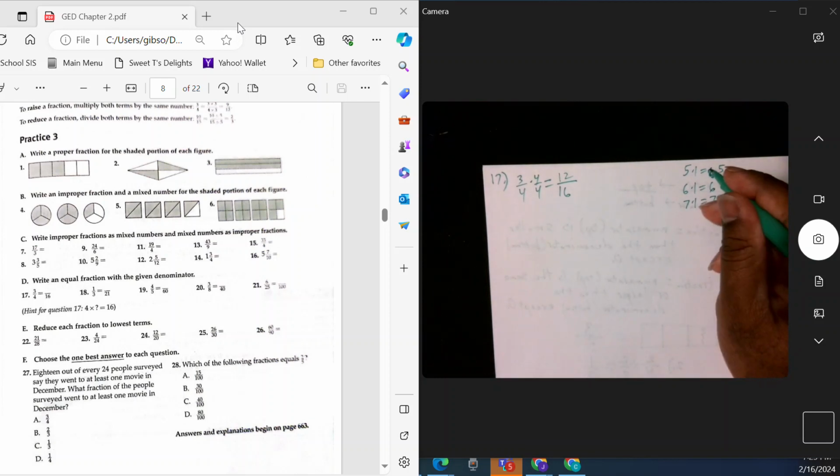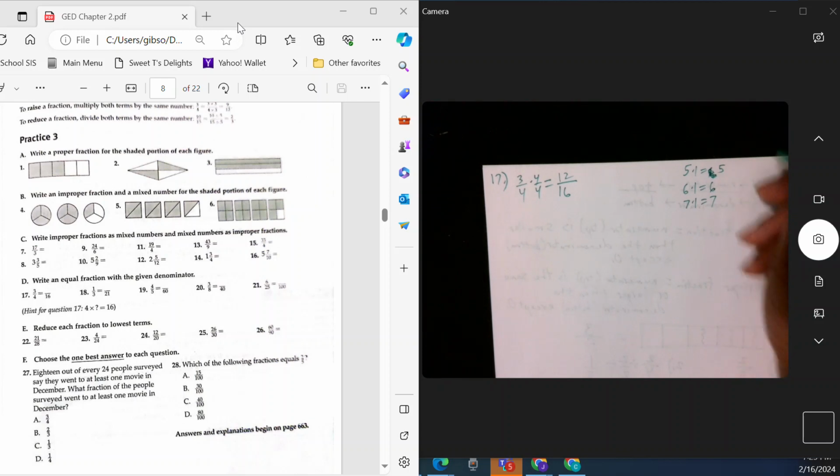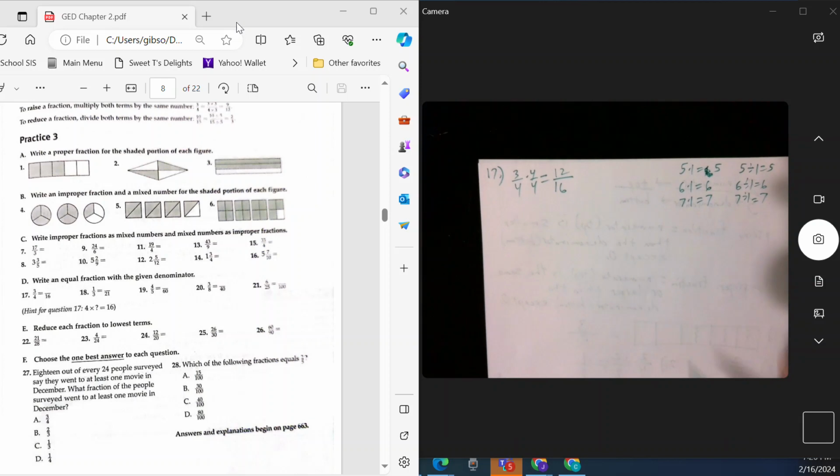Now, if you notice here, whenever we multiply by 1, the number remains the same. And it's the same thing with division. This would be 5, this would be 6, this also would be 7. Same thing with division.